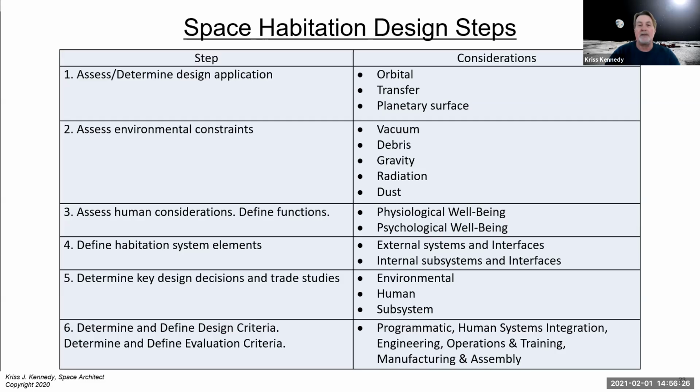Define the habitat system elements, external system elements and internal subsystems and interfaces. Determine those key design decisions and trade studies, environmental, human, subsystem, etc., and determine and define the design criteria and the evaluation criteria. For design criteria, you would have programmatic, human system integration, engineering, operations, training, manufacturing, and assembly.